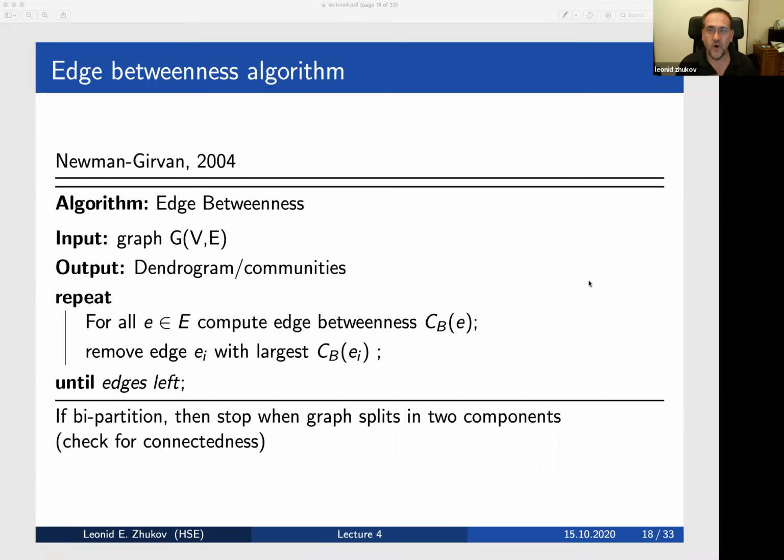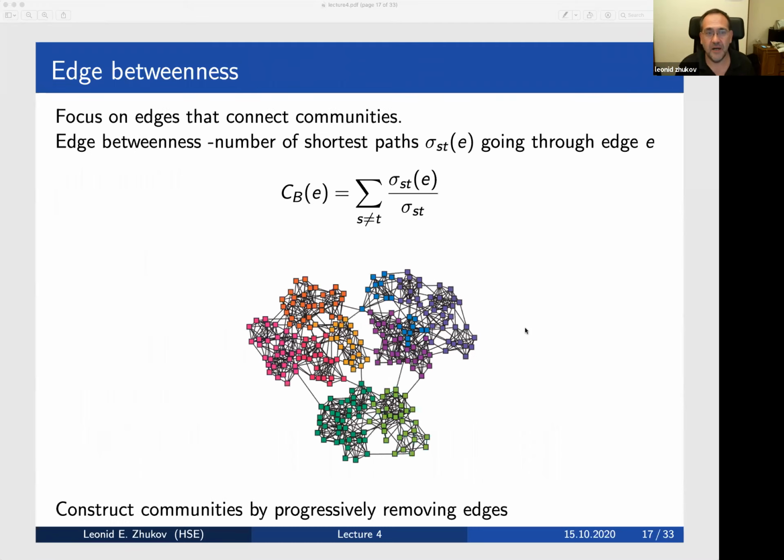If you open a bridge, traffic will redistribute. Then you find again the bridge that is the most loaded, and you cut it also. And then you keep doing it until you cut out an entire cluster. Say you open this bridge, this bridge, this bridge, this bridge.